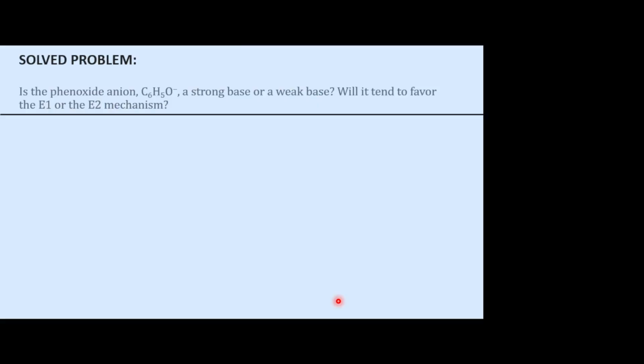Now, the phenoxide anion, which is this one right here, is it a strong base or a weak base? Will it tend to favor the E1 or E2 reaction? I know I'm making you use that table I just gave you.